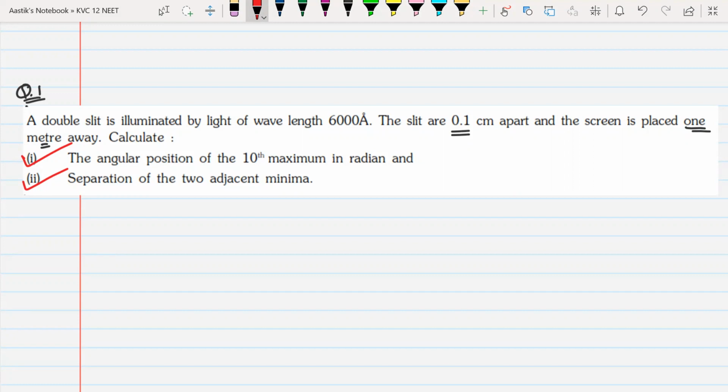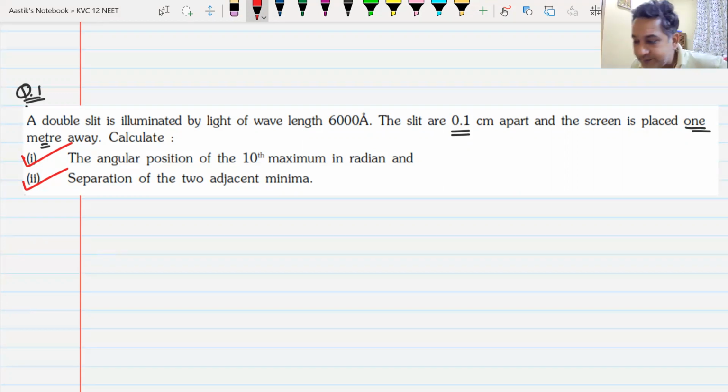Can you tell me the separation between two adjacent minima? Remember, between two adjacent minima or two adjacent maxima, the separation is beta. Between a minima and a maxima, it is beta by 2. Do we understand this? Give me the second answer as well, then we will solve it. Well done.